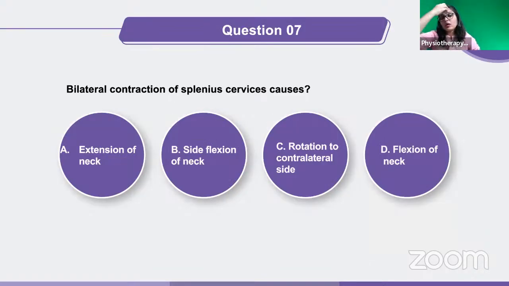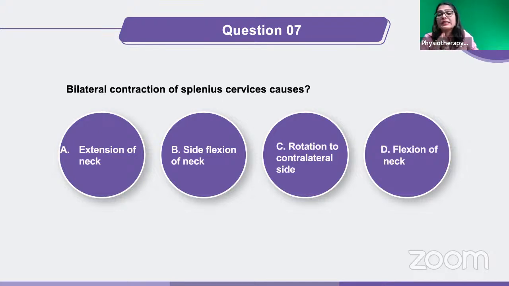Okay. Now, question: bilateral contraction of splenius cervicis causes what? Guys, stay with me. I know this is a bit boring, but this is very important for your practicals also. In anatomy and biomechanics, guys, from first year and second year, please pay attention, because these small muscles play a very important role in your biomechanics.